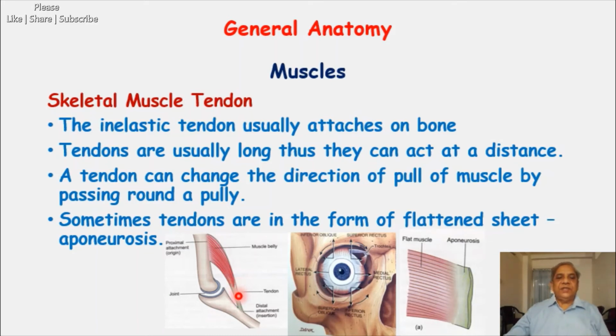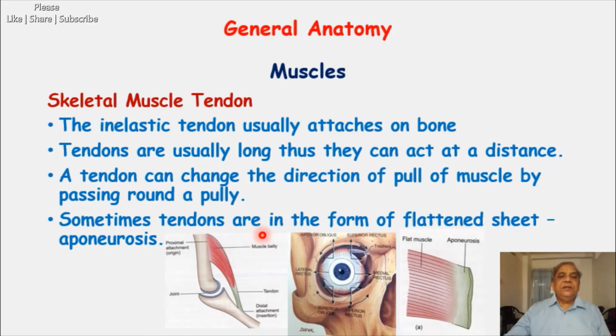I have given you an example that a tendon of a forearm muscle can cross many joints and reach up to the tip of the distal phalanx, the tip of the fingers. So they are usually long, and they act from the origin side to the attachment side distally.